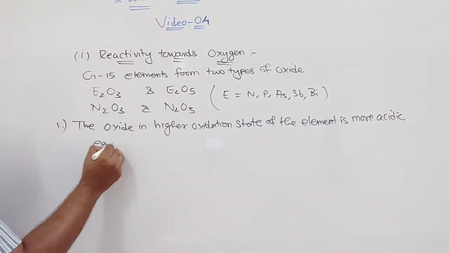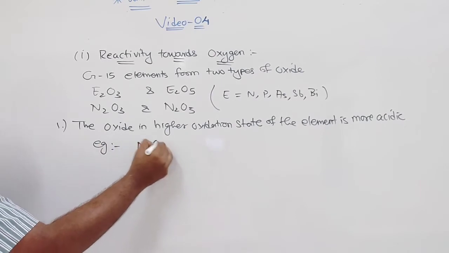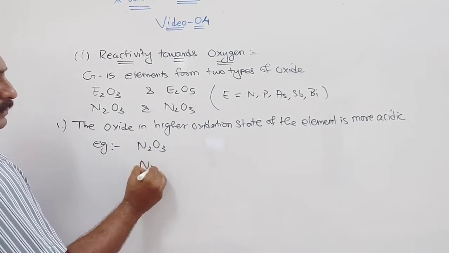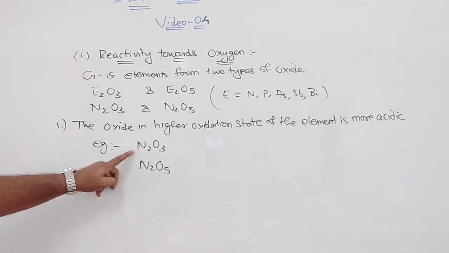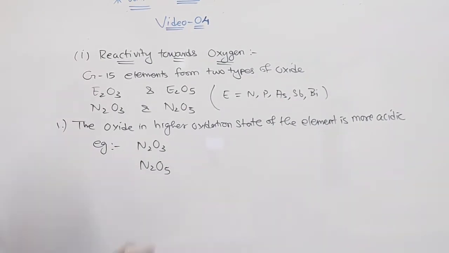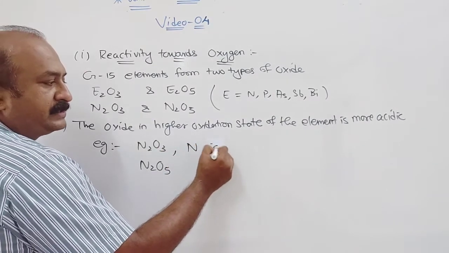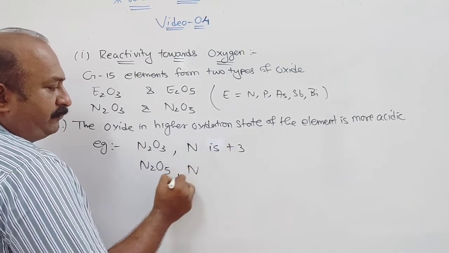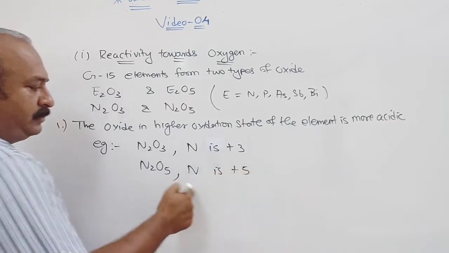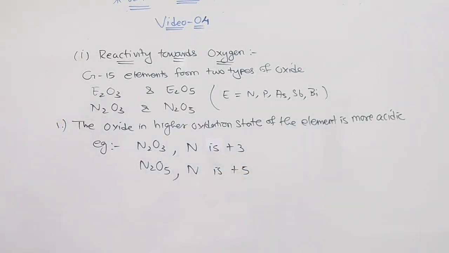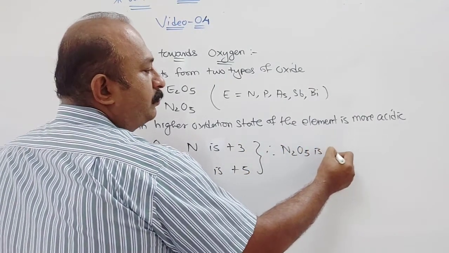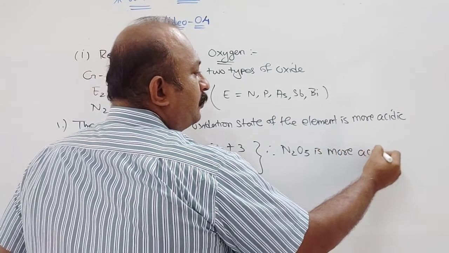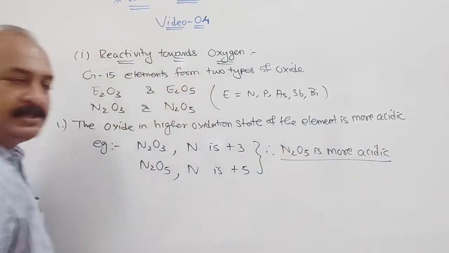For that, if we write one example, that is N2O3 and N2O5. When you find the oxidation number of N2O3, nitrogen oxidation is +3, and in N2O5, nitrogen oxidation is +5. Therefore N2O5 is more acidic in nature.